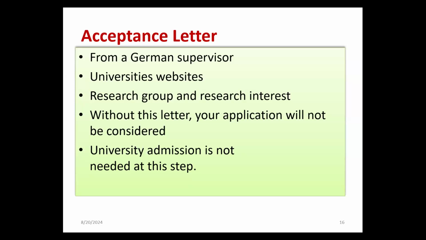One of the most important points, I think, is that if you know any of your colleagues or your network who is working or conducting his or her research here in Germany, this is the easiest way to get an acceptance letter. Let's say one of my colleagues, my university staff or friends, is doing a master or PhD in Germany, and you are interested in their group.